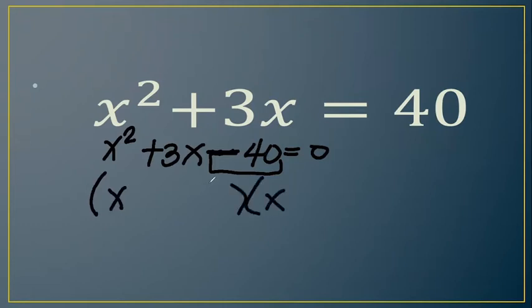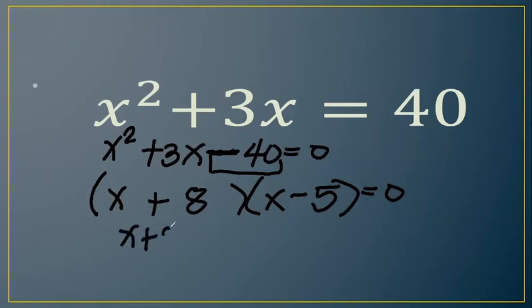The factors of 40 are positive 8 times negative 5. Multiplying 8 times 5 is 40, and positive 8 plus negative 5 is positive 3. So those are the factors of our given expression.